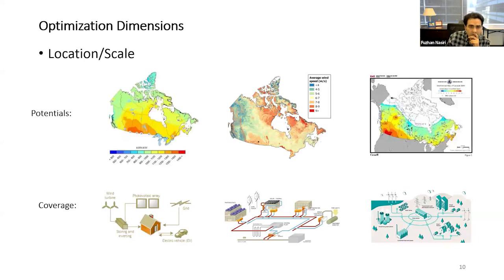From the optimization perspective, there are also things about location and scale. When we talk about wind and solar, the availability of wind and solar resources is not the same everywhere. We do have maps for Canada telling us the potentials of solar radiation and wind speed.